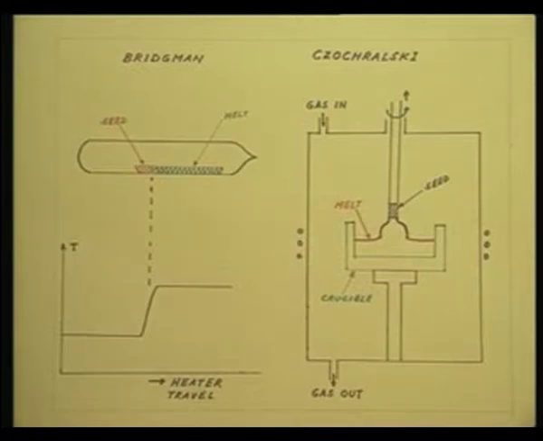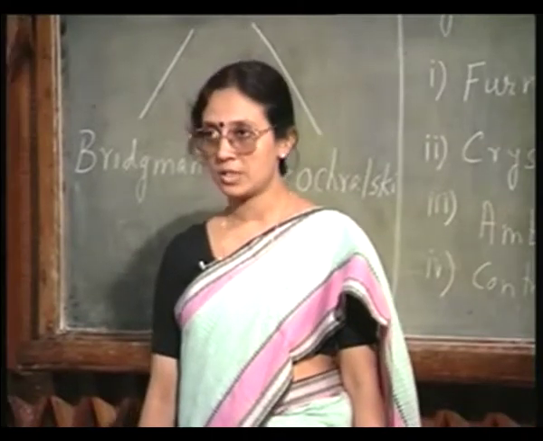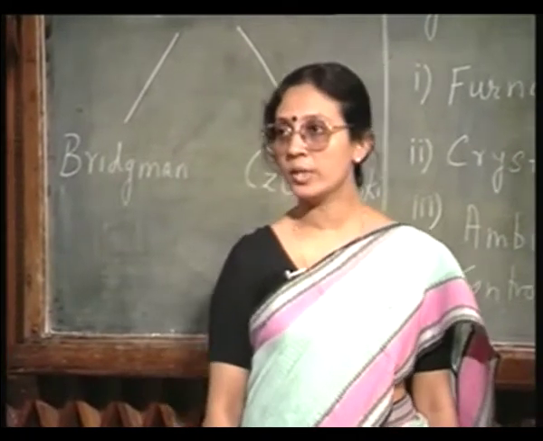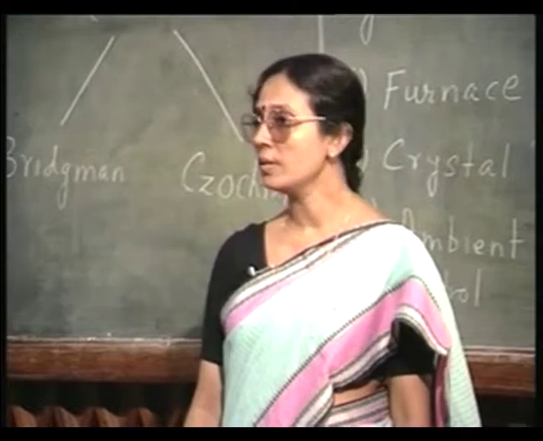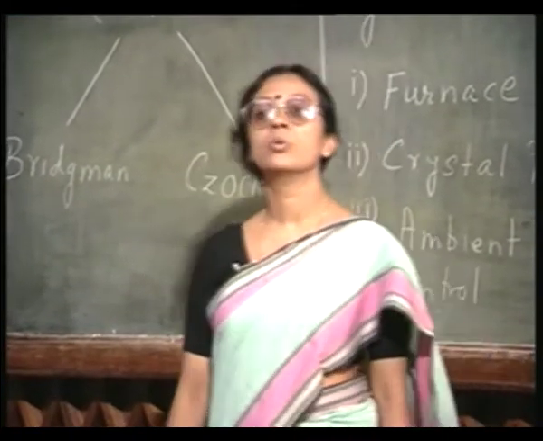This quartz envelope may be water cooled. The most important part in this furnace is the crucible, that is a cup in which the charge is going to be placed, and this is usually made of quartz.